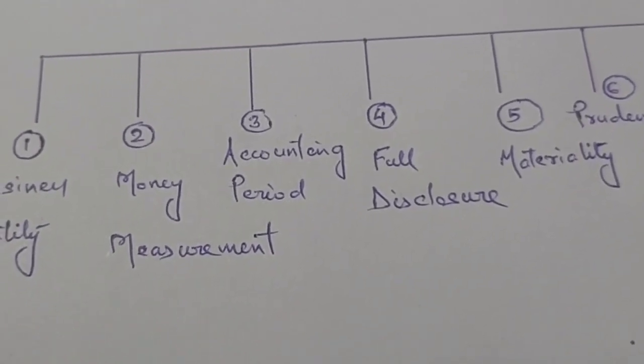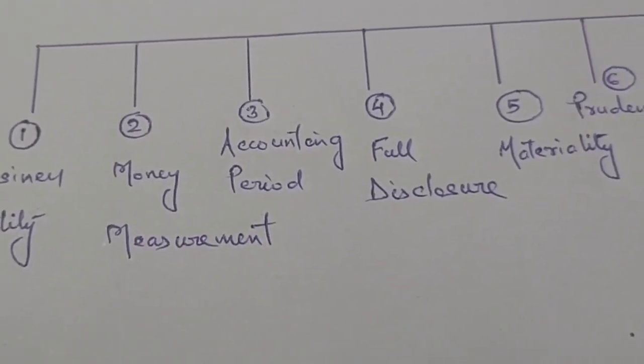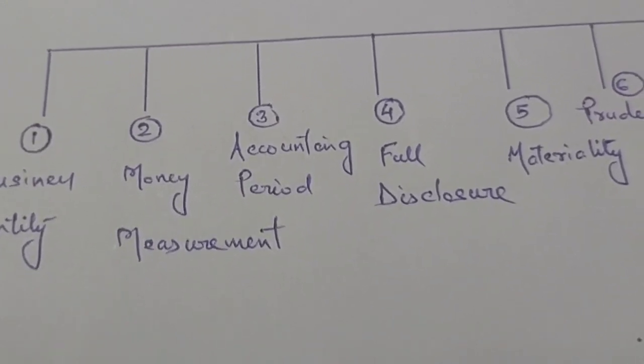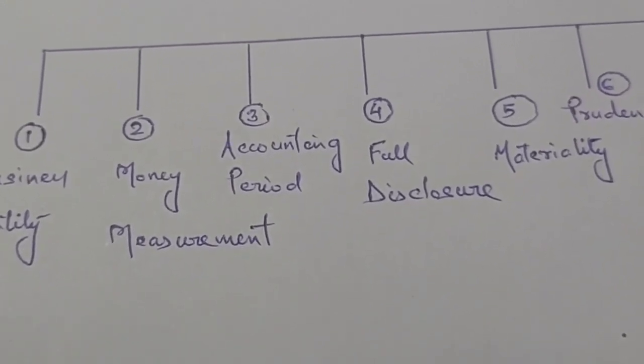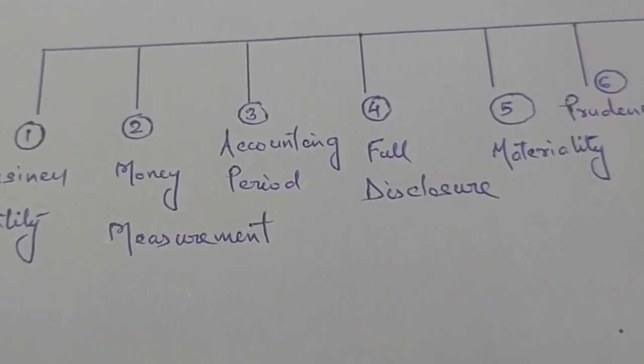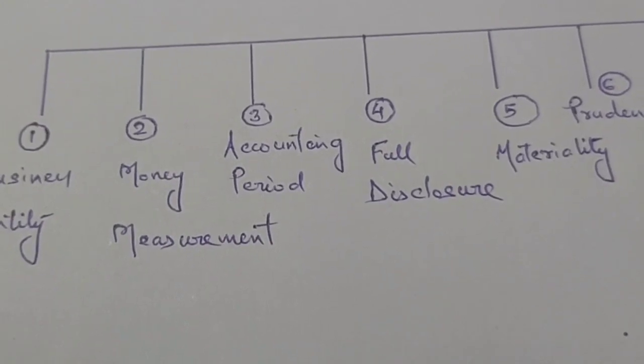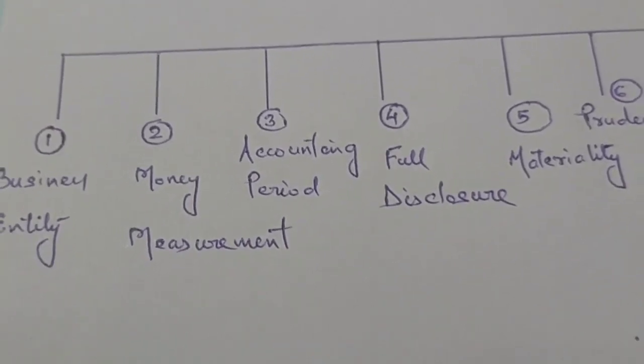Suppose you are running a restaurant and you are daily enjoying a dinner party with your friends in the restaurant. If you are not properly recording these dinner parties as drawings, then how will you be able to calculate the correct profit of the business?